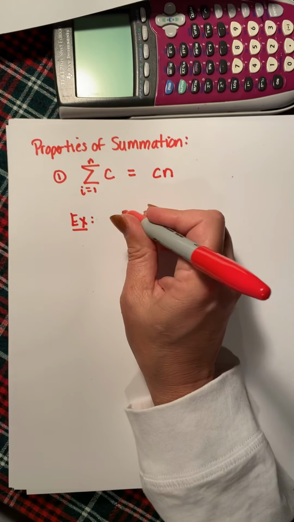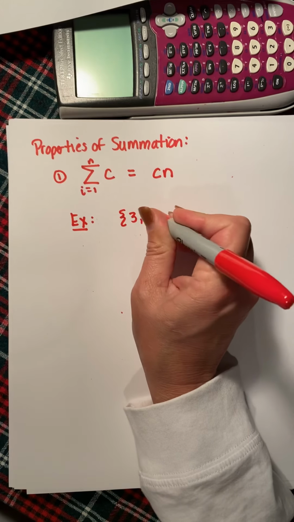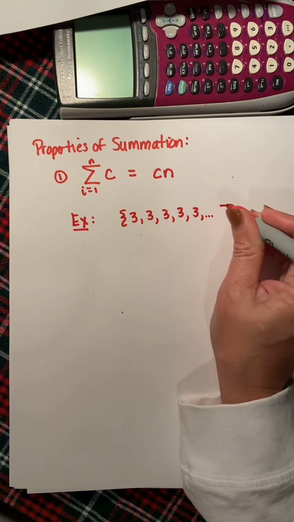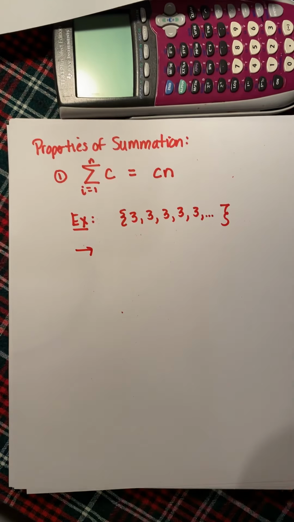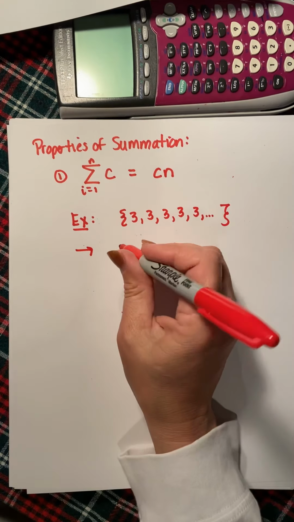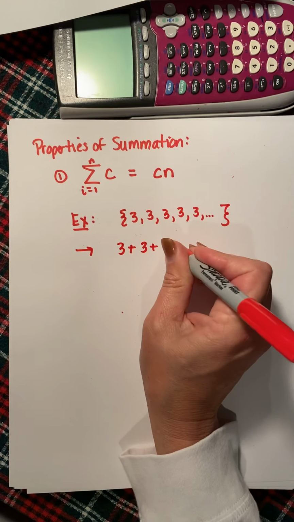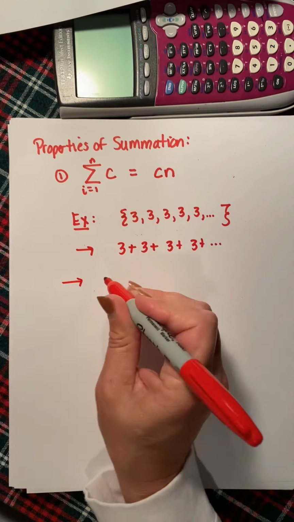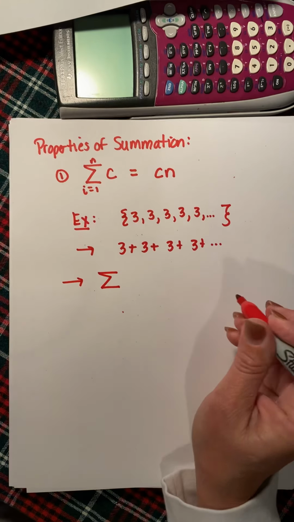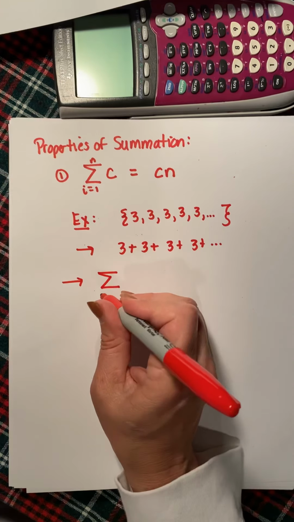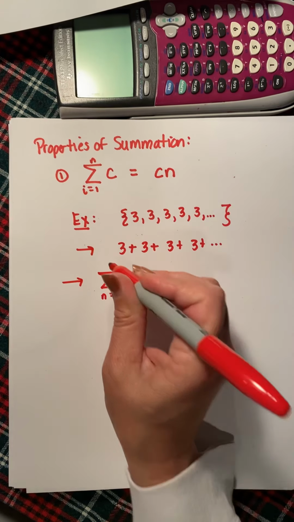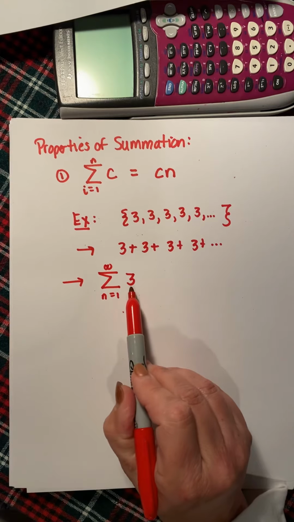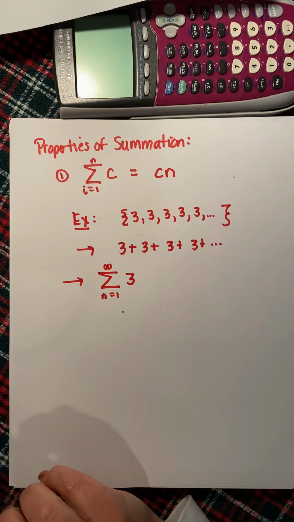Let's suppose we had this sequence, 3, 3, 3, 3, 3, kind of boring, but it is still a sequence, which would correspond to the series 3 plus 3 plus 3 plus 3 plus 3 forever. So the corresponding series for this sequence would be the sum from n equals 1 to infinity of just 3. That's how we would write that. This just means 3 plus 3 plus 3 an infinite number of times.